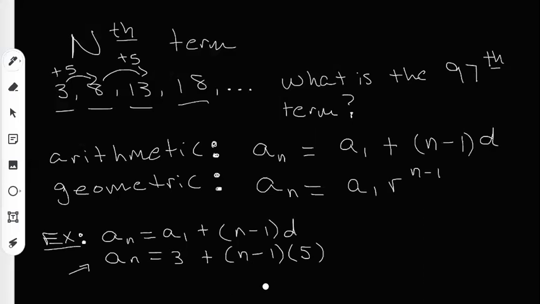Okay. So now what's n going to be? That's going to be the number that I'm trying to find, the 97th term. So n is going to be 97. And everything else is going to stay the same. So I'm going to have a 3 right here. My n is going to change into a 97. So I'm going to have 97 minus 1 times 5.